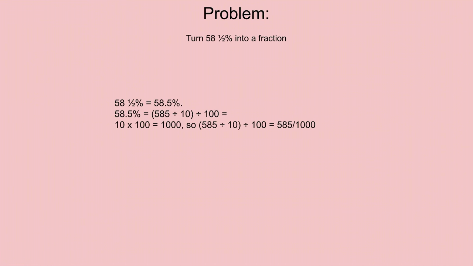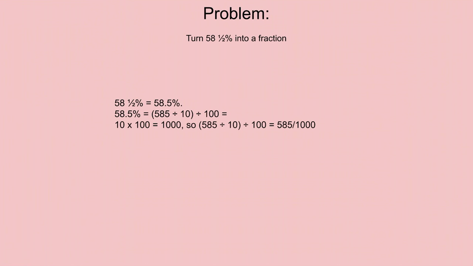So 585 divided by 10 divided by 100 equals 585 over 1,000. And I chose 1,000 because if I do a divide by divide, then I've got to multiply.